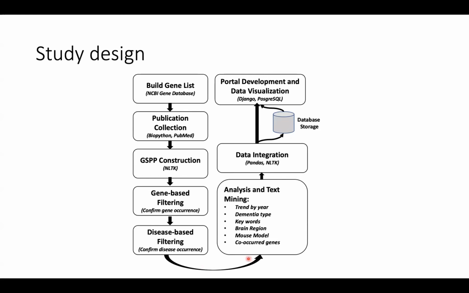Then after some basic filtering, we extracted some important information for AD researchers. Some examples are differential keywords, like there are some hypotheses in this field, and also some mechanisms, like the names of those mechanisms. Those words are collected from experts in this area. And also the brain region, because AD impacts multiple brain regions, so some people may focus on certain brain regions.